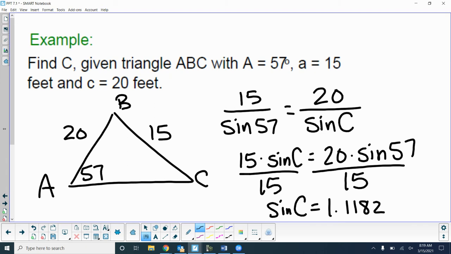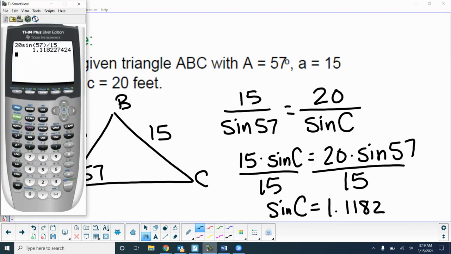So what do I do at this point to figure out angle C? Second sine, second answer, right? That's when you're doing inverse, you do second sine when you're looking for the angle. So what happened? We got an error, which means what? No triangle. This really doesn't work.